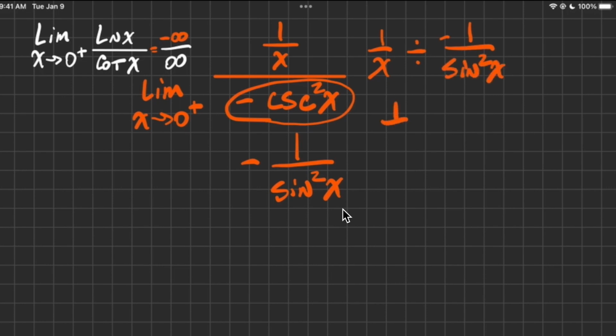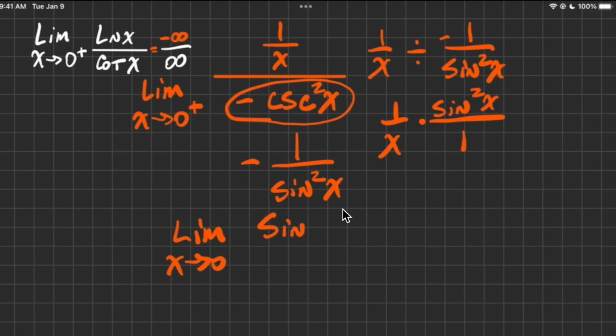We're going to use keep change flip, and we're going to have sine squared x over 1. So our new limit is going to be the limit as x approaches 0 of sine squared x, I'm going to write it as sine of x squared, over x.